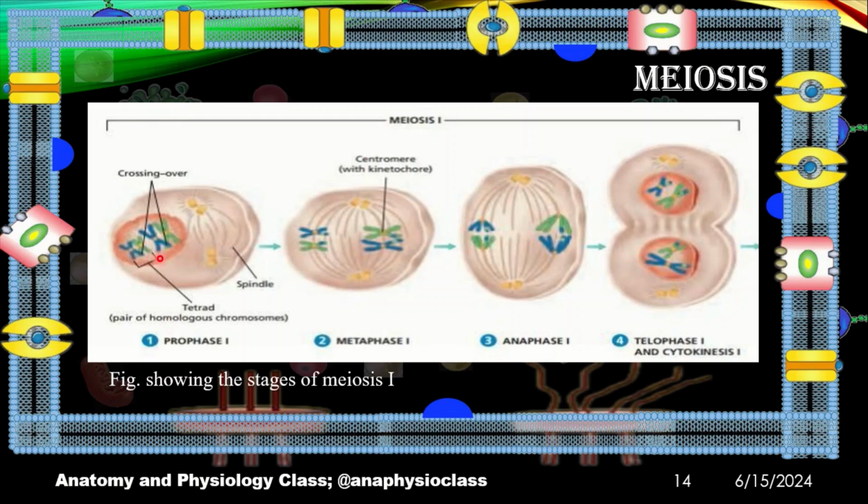So in prophase, the nuclear membrane disappears, and the DNA of the cell coils to form chromosomes. Then centrosomes with mitotic spindles appear. That is what happens in prophase 1.